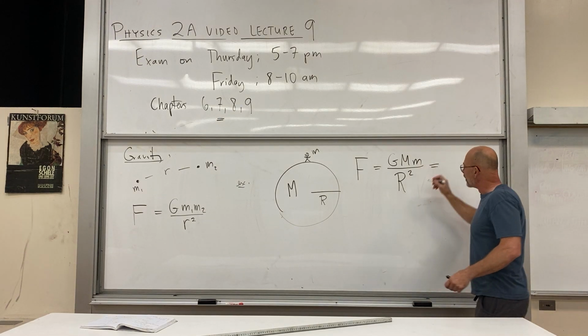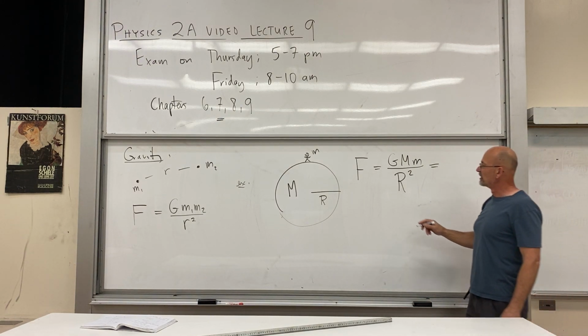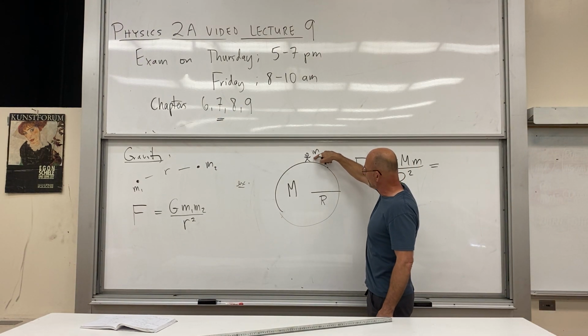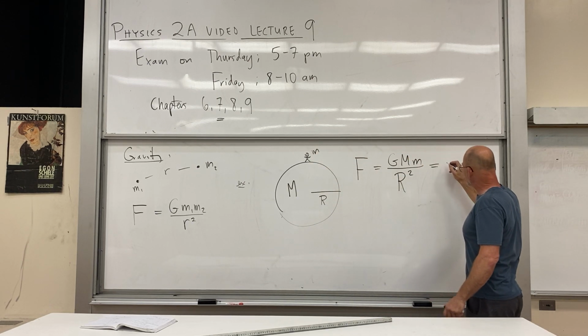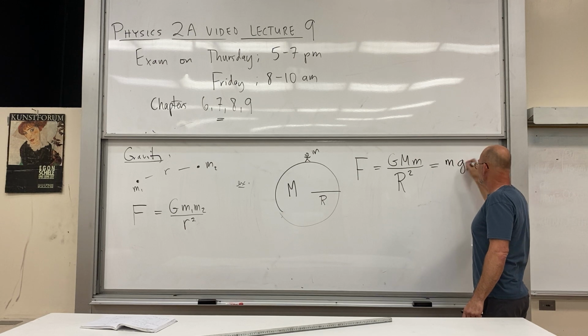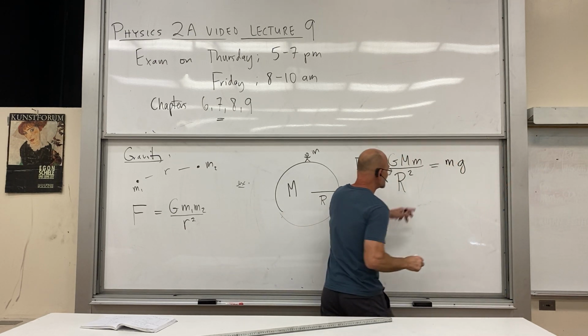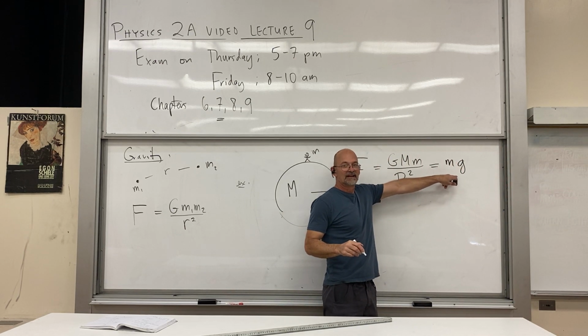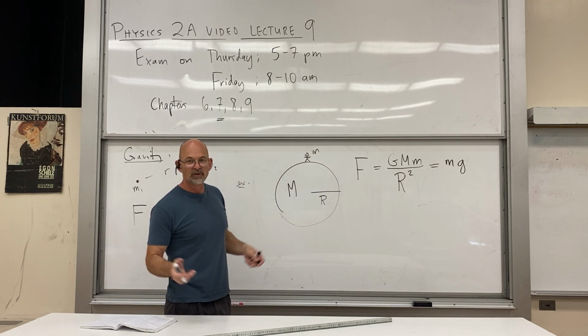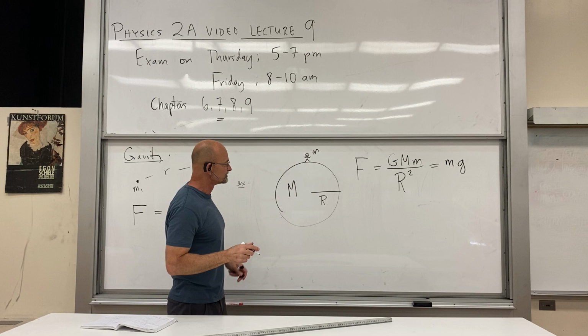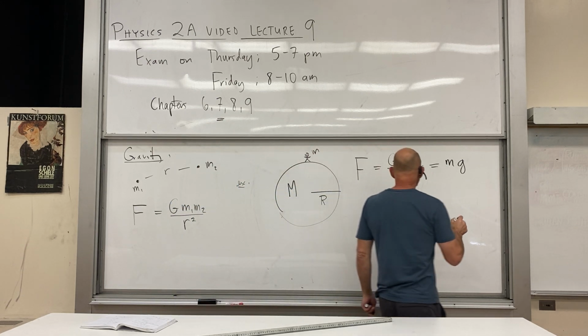Well, the Earth attracts me with that force, that's just my weight. So that's mg like this. So this little g, that's our 9.8 meters per second squared. In an exam situation, we can use 10, right? Keep things simple.